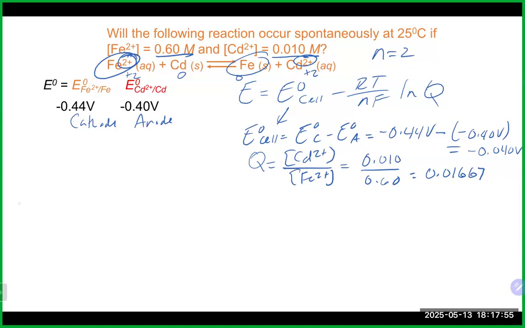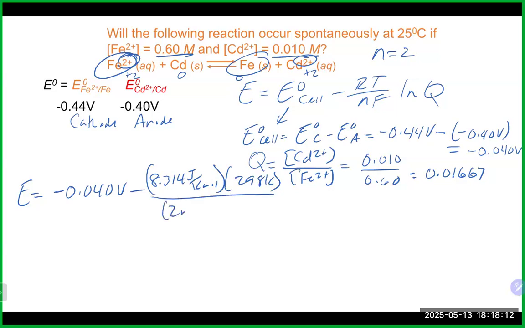So putting this in, we got E is equal to negative 0.04 volts minus 8.314 joules per Kelvin per mole, our 298 Kelvin divided by our 2 moles and our 96,500 joules per volt per mole. And I'll go down this way. Natural log of our Q, 0.01667.